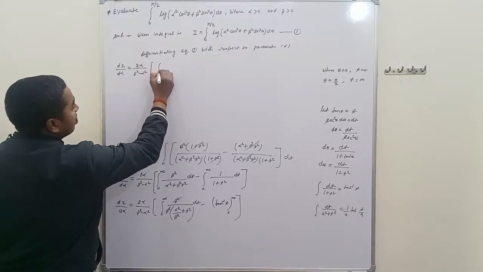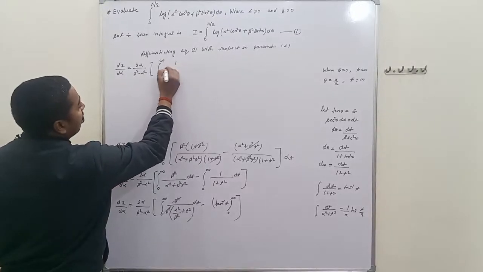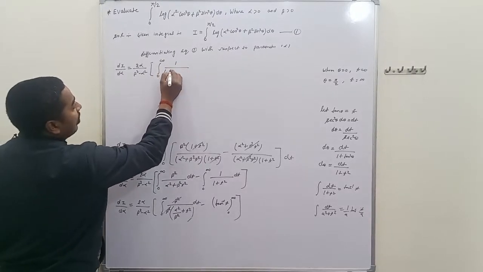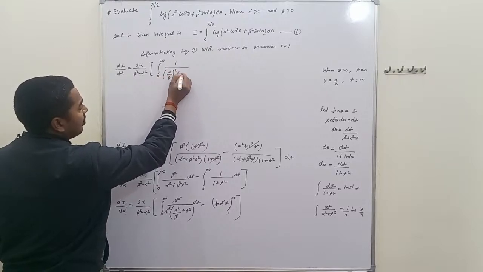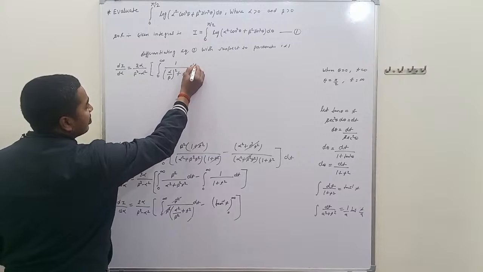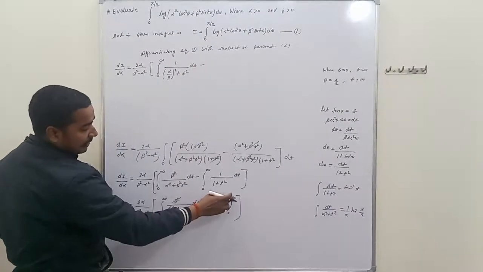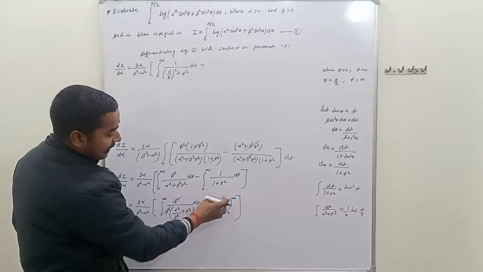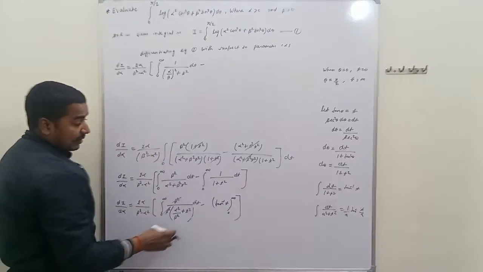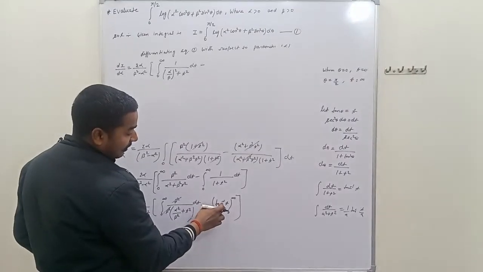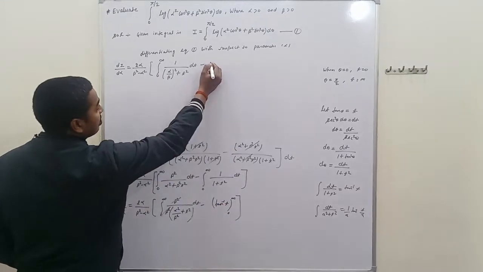This is integral limit 0 to infinity, and 1 upon alpha upon beta whole square plus t square dt, and minus, here we have to put the limit. When we apply the upper limit, tan inverse, in place of t we have to put infinity, we get pi by, the value of tan inverse of infinity is pi by 2, so from here we get minus pi by 2.